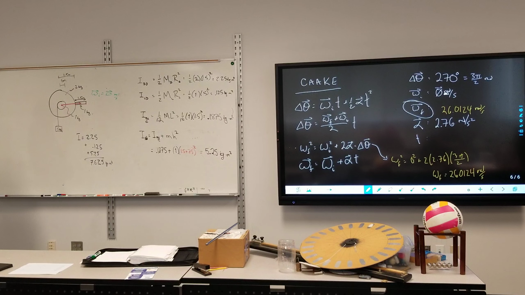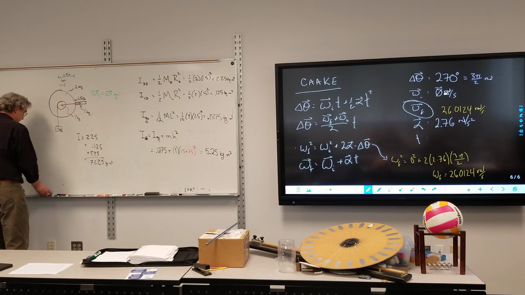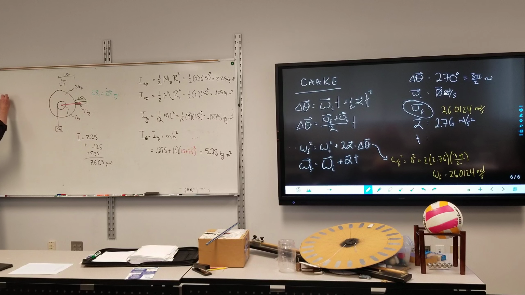V equals R omega. Let's work on the language. Speed is radius times angular speed. Yeah, the issue I had was the letter for omega. Okay, thank you. Yes. V equals R omega. I know omega now.